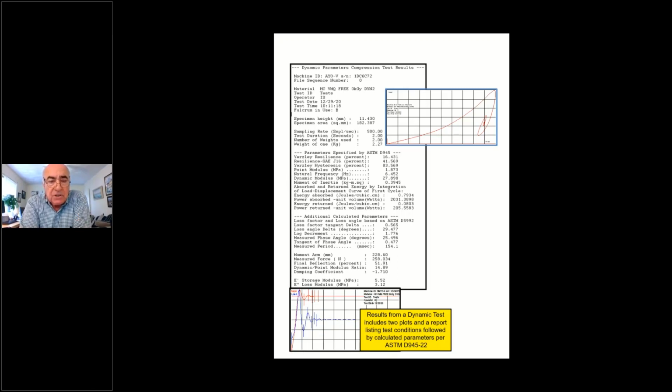Final deflection, 52%. Dynamic point modulus ratio is also useful. Damping coefficient is also given. We also calculate E prime storage modulus, E double prime loss modulus, and E asterisk, which is the complex modulus out of those. This is for compression. We also report G prime, G double prime, and G asterisk for shear tests.